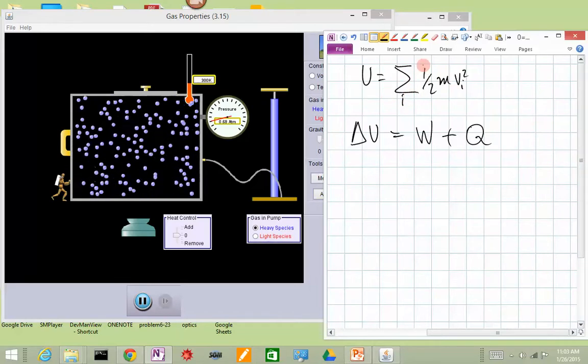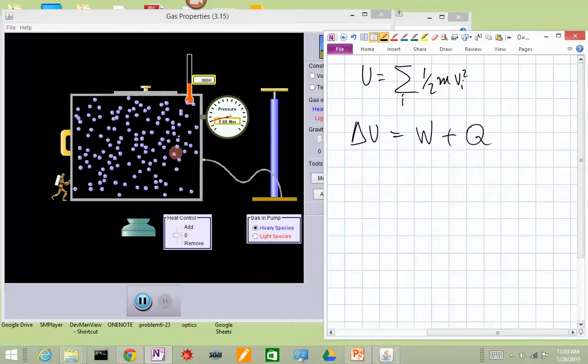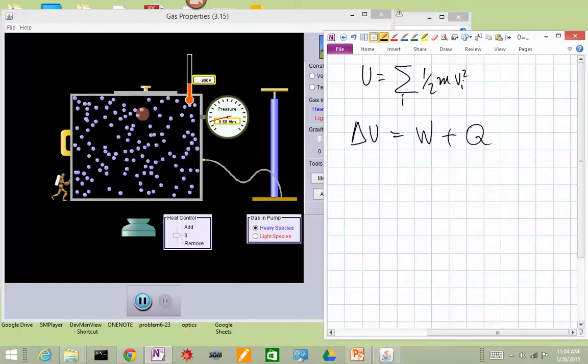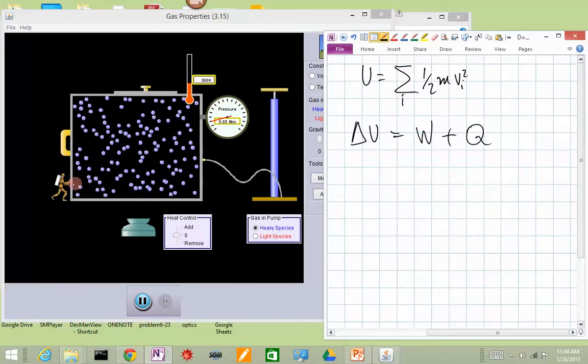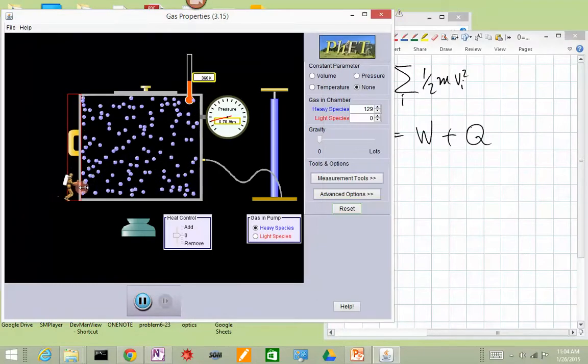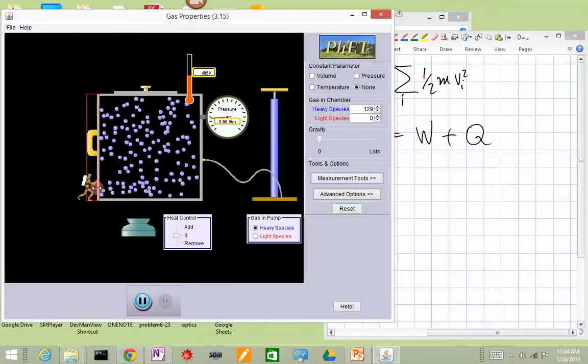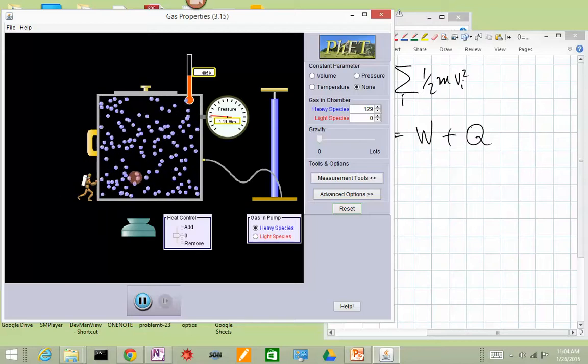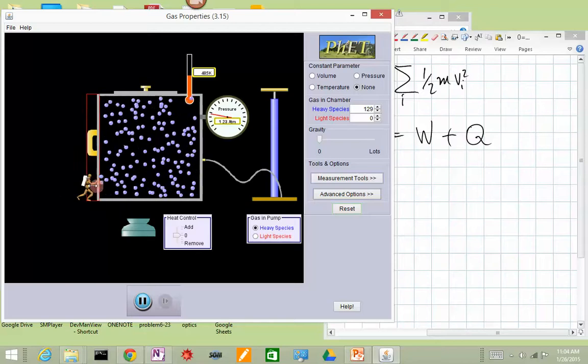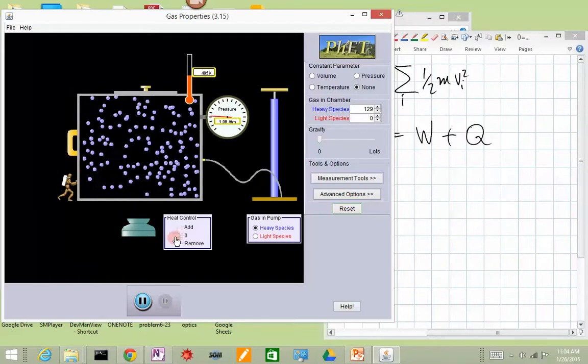Imagine that I want to change the energy of this ideal gas, which is my system. How do I do that? I can do that in two ways. I can do work. I have pushed and done work. Or I can add heat.